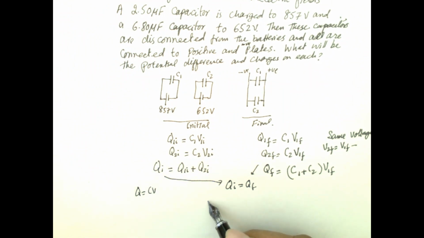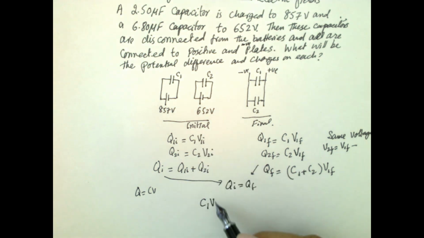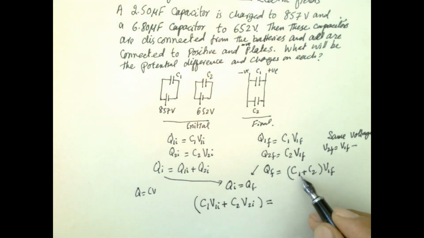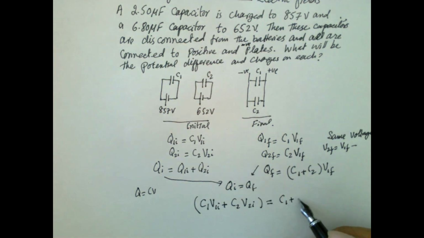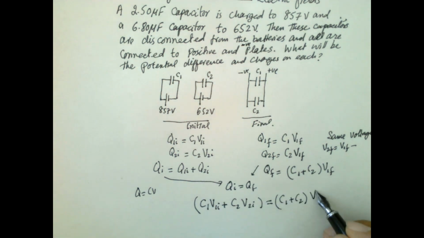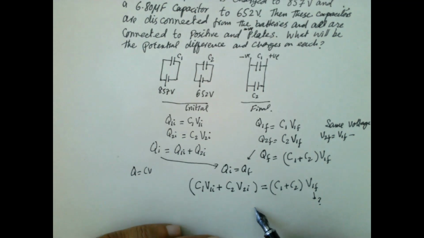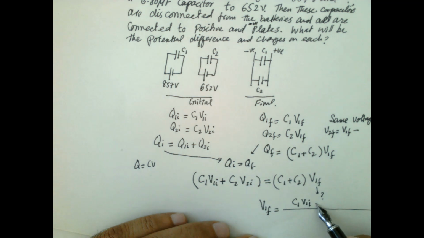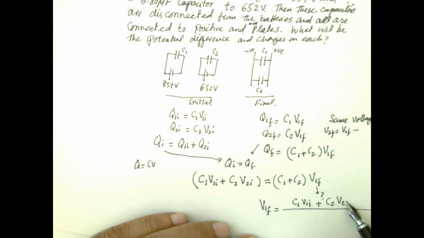So C1 V1I plus C2 V2I is equal to C1 plus C2 times V1F. We have to find this one, so V1F is equal to C1 V1I plus C2 V2I over C1 plus C2.